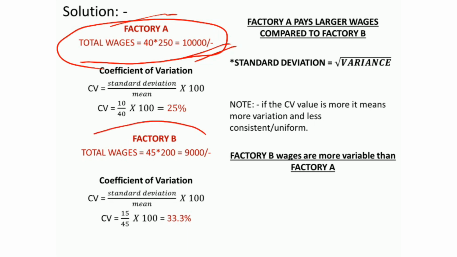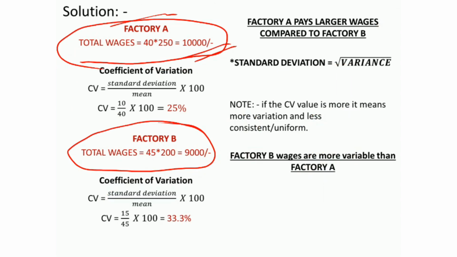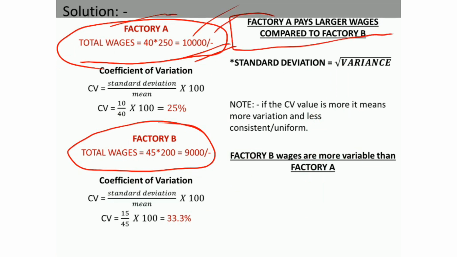Similarly, for factory B, the number of employees is 200 and the average salary paid is 45 rupees. Multiply these two, you will get 9,000 rupees. So out of these two, factory A is highest. The answer for the first question is clearly stated: factory A pays larger wages compared to factory B.